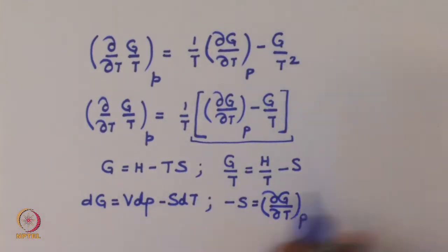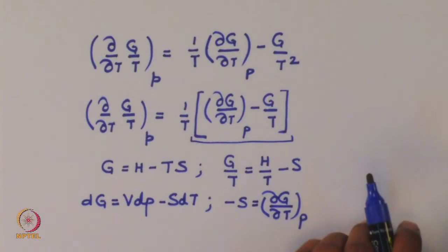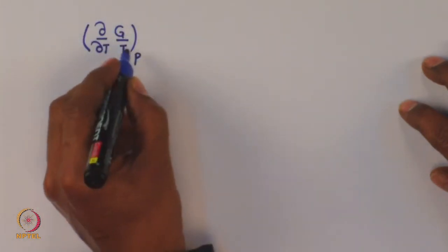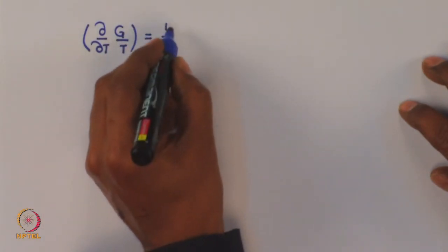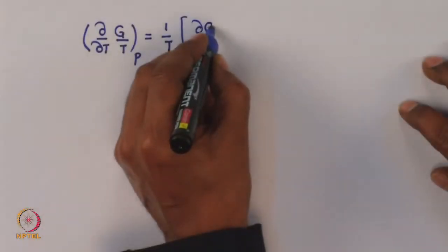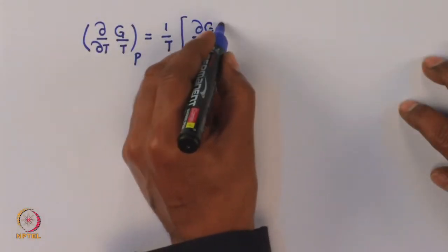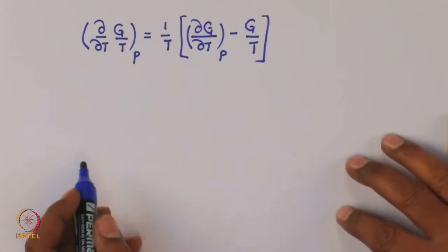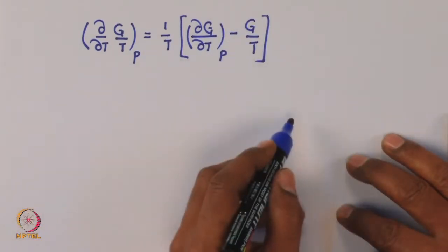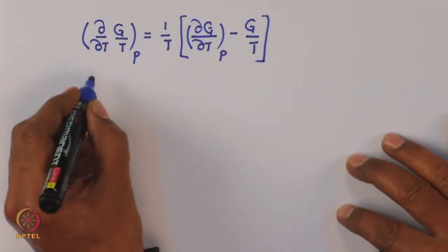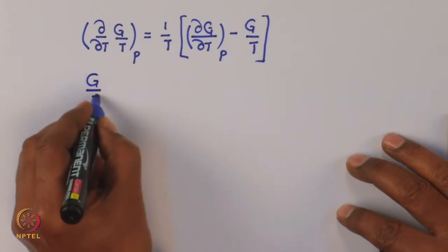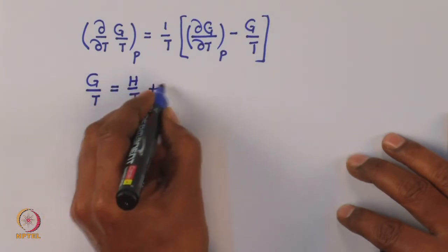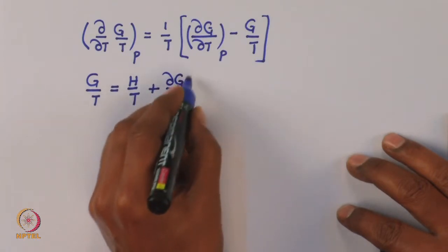So, what I will do now is, I have this expression, temperature derivative of G by T at constant pressure is equal to 1 by T times the variation of Gibbs energy with temperature at constant pressure minus G by T. Further we got that G by T is equal to H by T minus S, and for S we have got dou G by dou T at constant pressure.